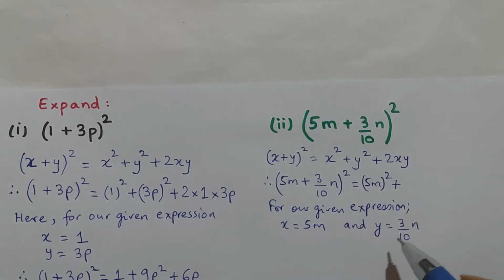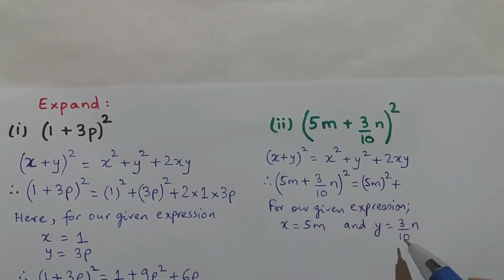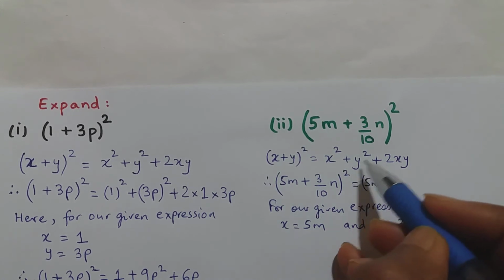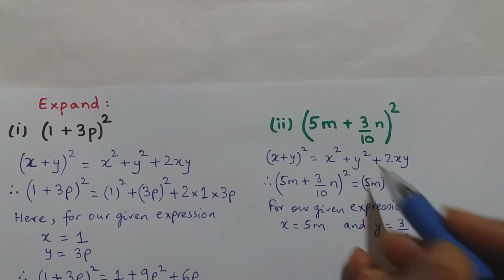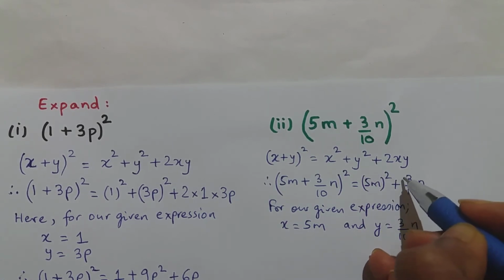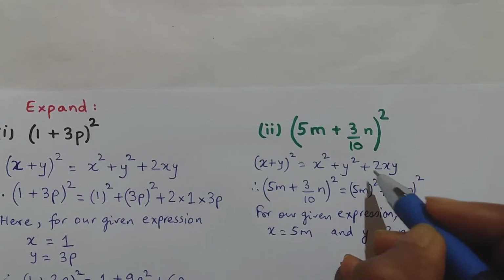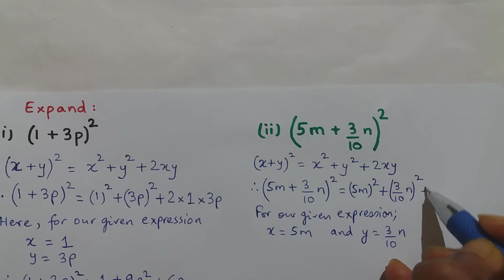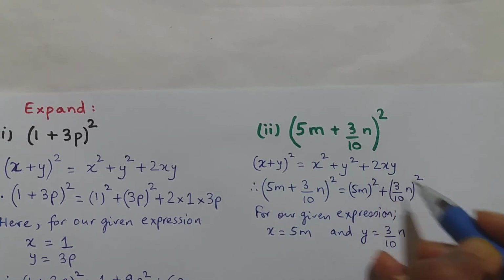Now y is 3 by 10 n. So instead of y, I will write 3 by 10 n. So y square will become (3 by 10 n) whole square, plus 2xy. Now 2xy means 2 into x into y.